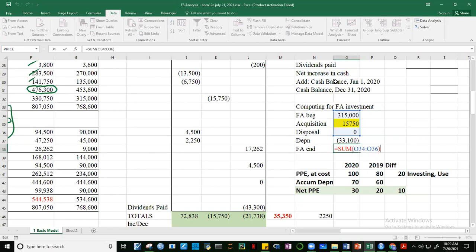Sino sabi nun? Okay, I purposely, guys, minali ko yung formula. I was waiting for you to comment on that. Take note, kung hindi natin sinama yung isa dito, dinisregard lang yung depreciation. So mali yun, no? So be careful, guys, in setting this up.